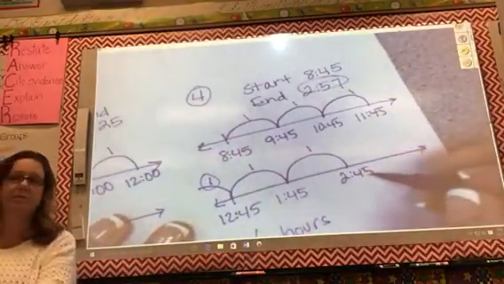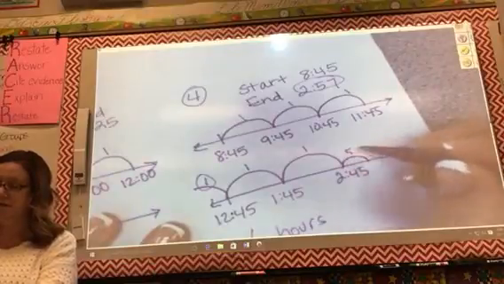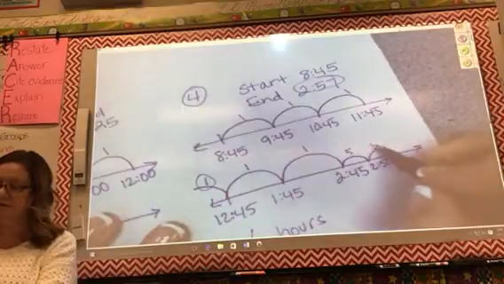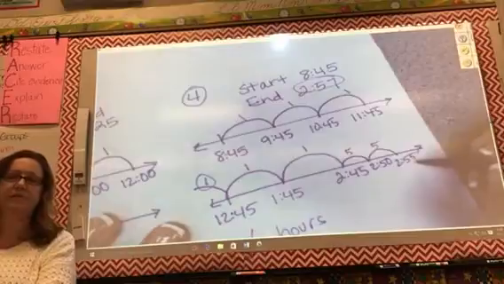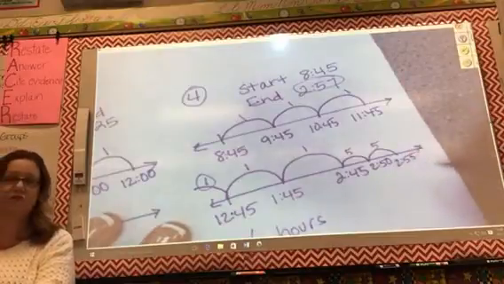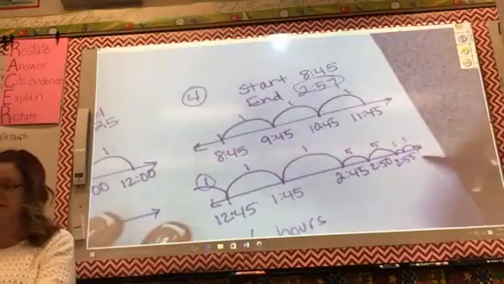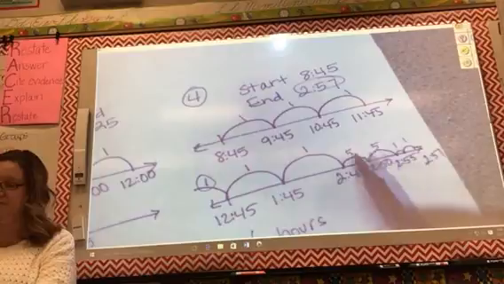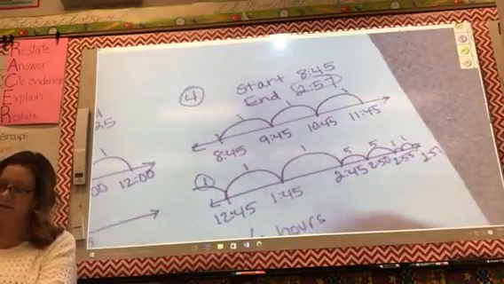I'm going to start by bumping just 5 minutes. 2:45, 5 minutes is 2:50. 5 more minutes is 2:55. And then from 2:55 to 2:57, I just have to count 2 minutes. 2:56, 2:57. And there we go. So I have 6 hours. 5 and 5 is 10 minutes, 11 minutes, 12 minutes.